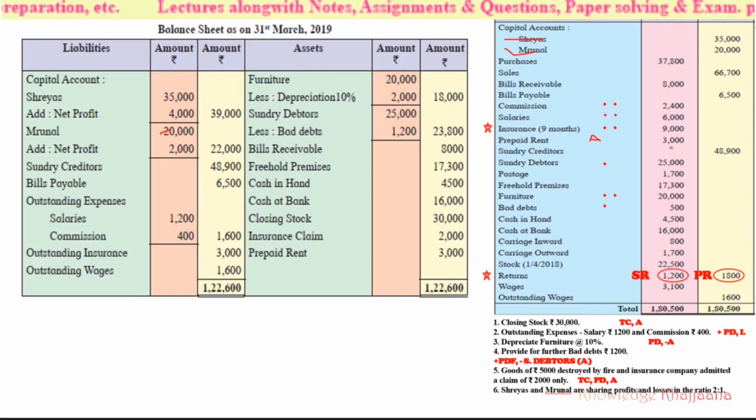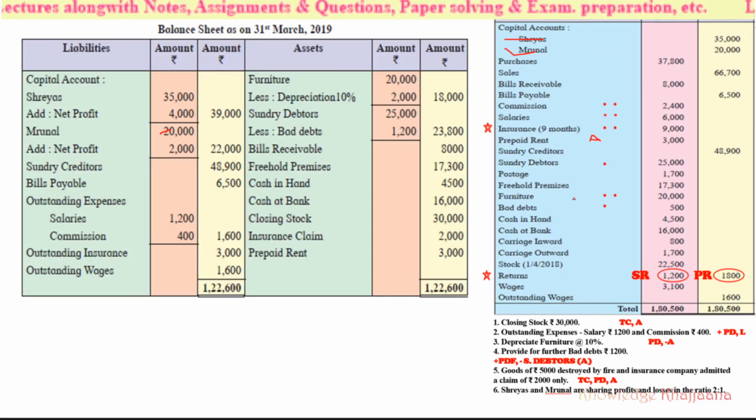Then sundry creditors rupees 48,900. Then sundry debtors rupees 25,000. Then freehold premises rupees 17,300. We are looking at the balance sheet asset side and liability side.